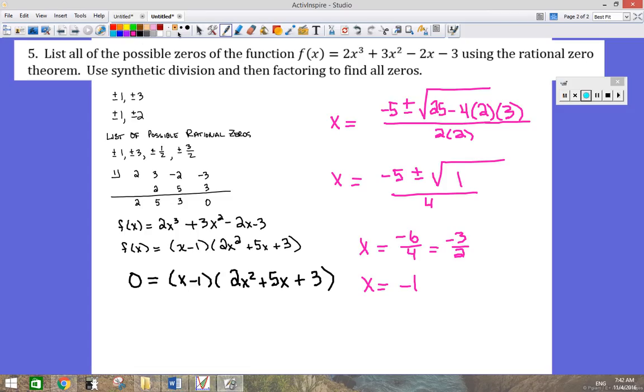So what I didn't realize is that this guy factors to 2x plus 3 and x plus 1. So I've got 2x squared, 2x, 2 plus 3 is 5, and 3.